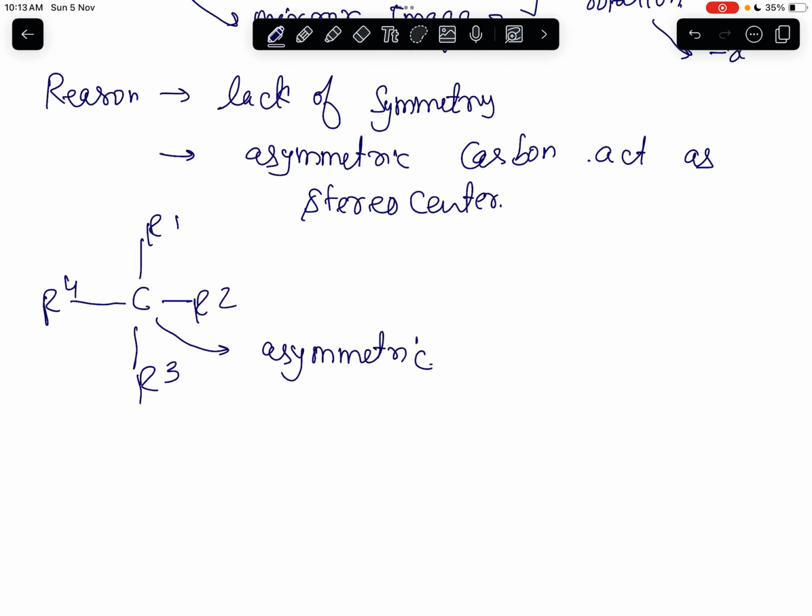So for example, like this, four different groups, and we can also think about it like this. These are optically active compounds with one stereocenter.